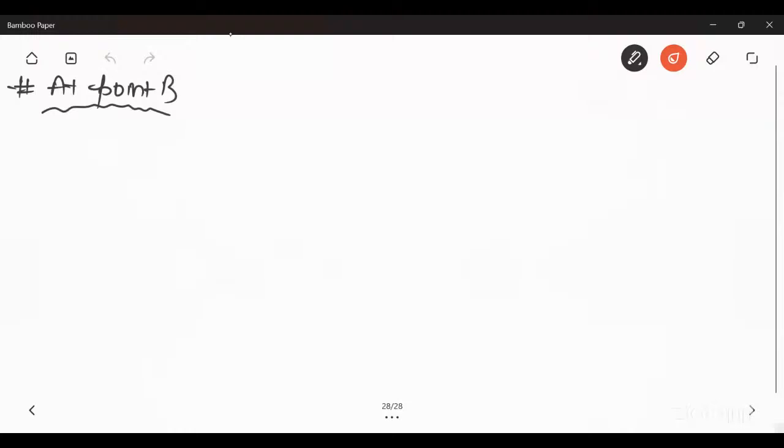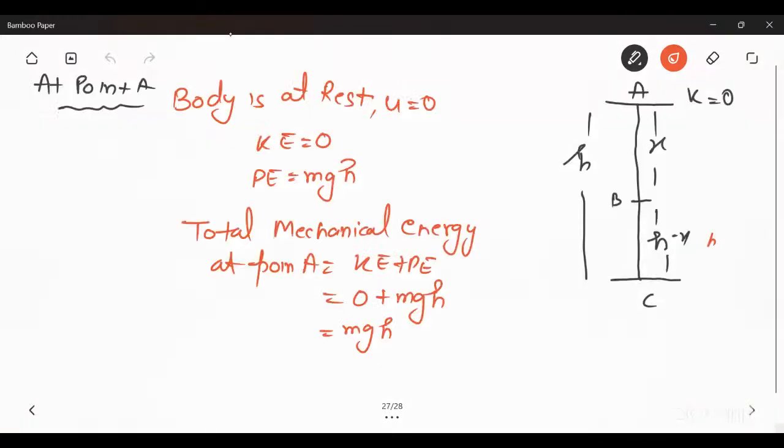So the potential energy will become mg(h minus x), and for the velocity, v square minus u square equal to 2as. We know that the initial velocity is 0, so v square minus 0 equal to 2g, and the distance it has come to point B is x. Okay, so v square equal to 2gx.